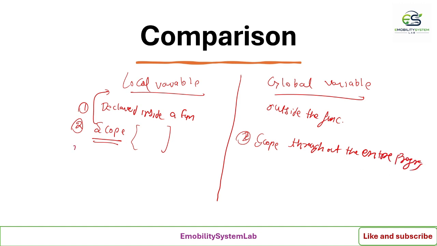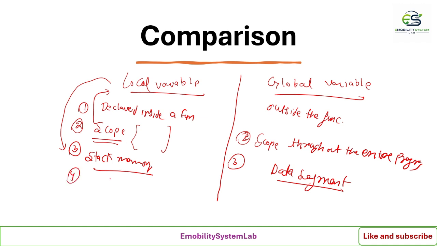Now see the third difference: a local variable is stored in stack memory, but a global variable is stored in the data segment.